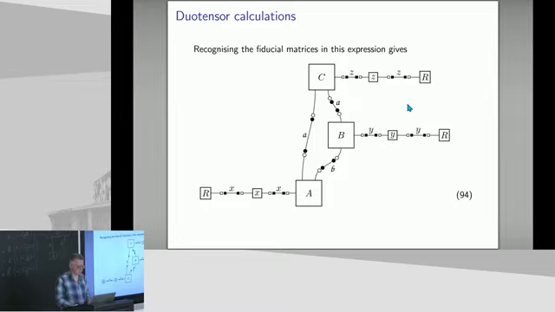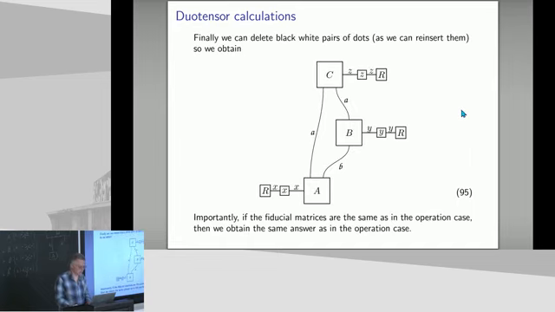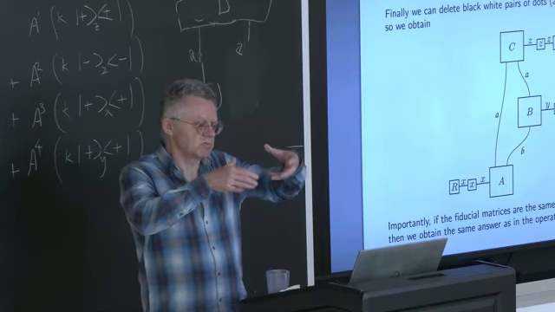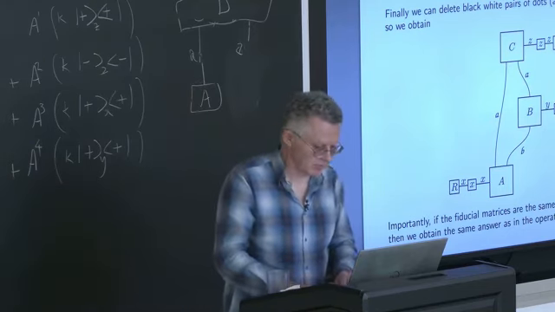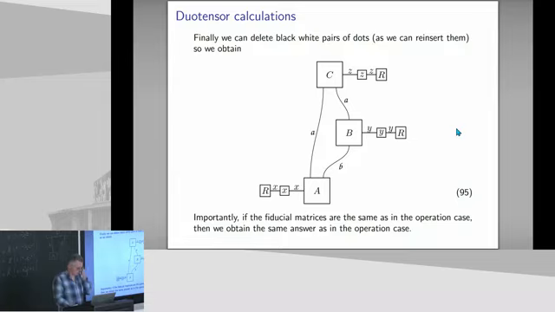And this is equal to the previous one. And then I can just cancel over the black and white dots because of my notation and write it down like this. Okay. So we've seen that we have two different ways of getting to this same expression in terms of duotensors. And if the fiducial matrices are the same as in the operation case, then we get the same answer. So that having these fiducial matrices be the same is essential for this to work.